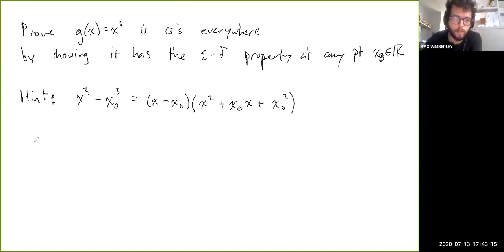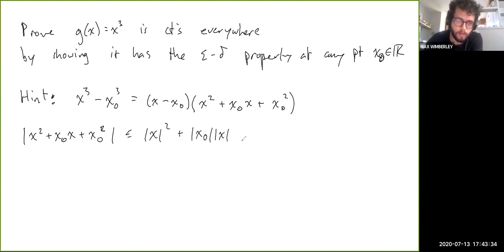So the first thing to do is just use the triangle inequality. So this is going to be less than or equal to x squared plus x naught x plus x naught squared, right?